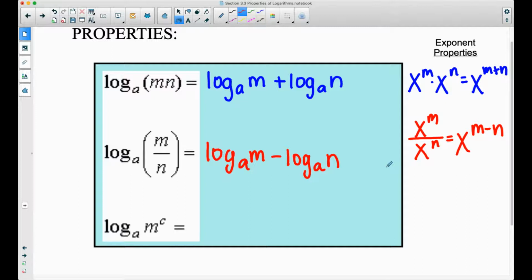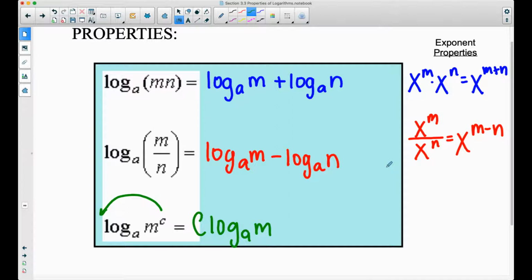And the last one, if you have an exponent, we're simply just going to move it to the front of the logarithm it applies to, and it'll be multiplied. I remember that one. Yeah. So going left to right on these problems, that's expanding.